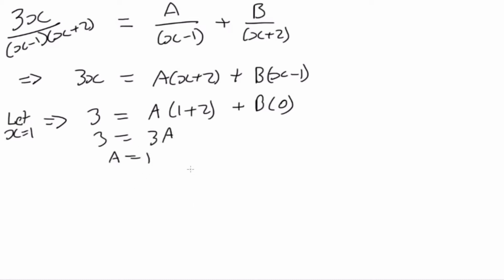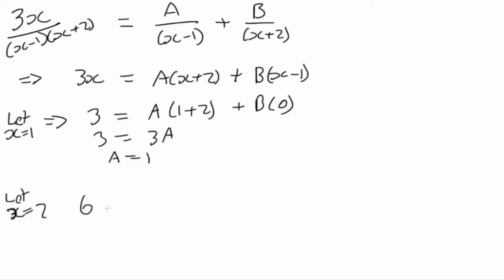Now there are two ways to go about it from here. I'll show you both. The first way is to put this value straight back in and set any other value of x. Let x be 2.